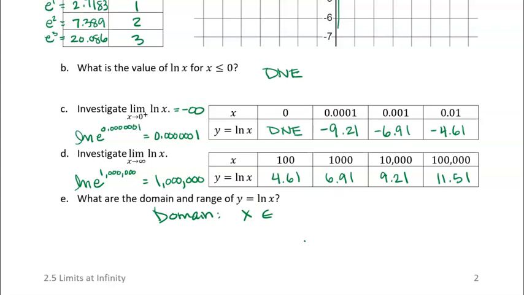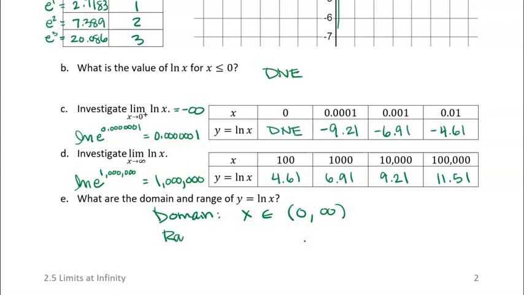Well, we already saw it can't be less than or equal to 0. It can get as close to 0 as you want, it just can't be 0. So it's 0 to infinity. We can put in numbers as big as we want and calculate a value, but we can't put in anything 0 or negative. So that would be our domain.